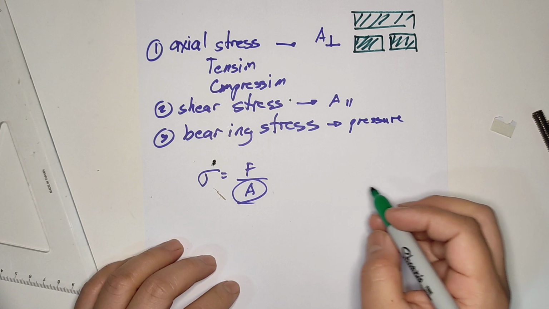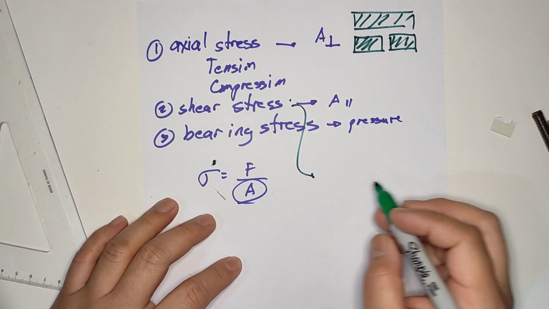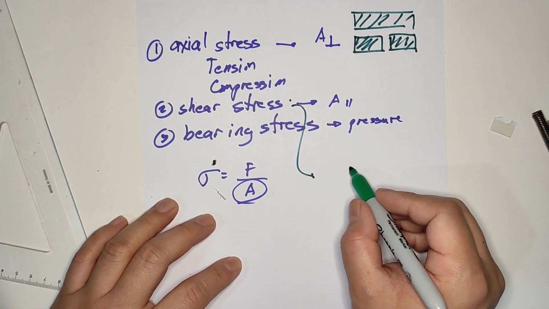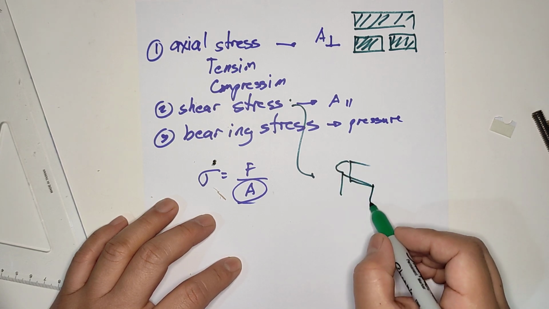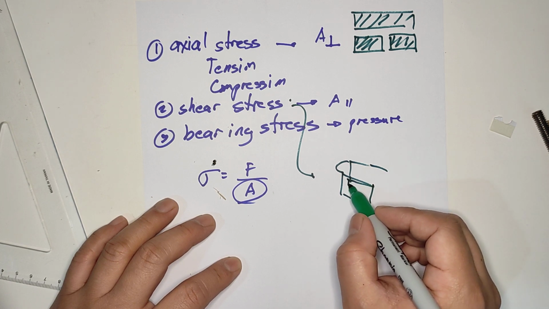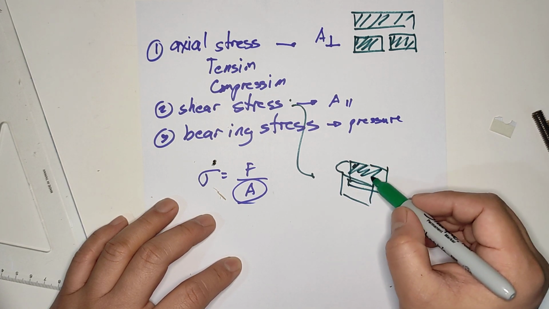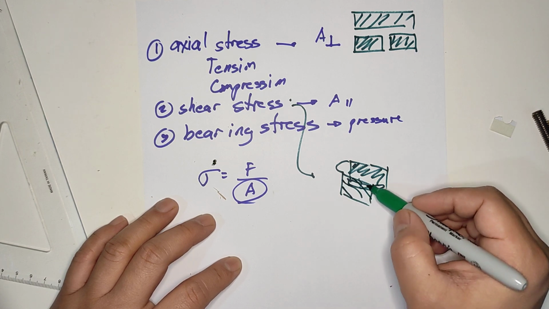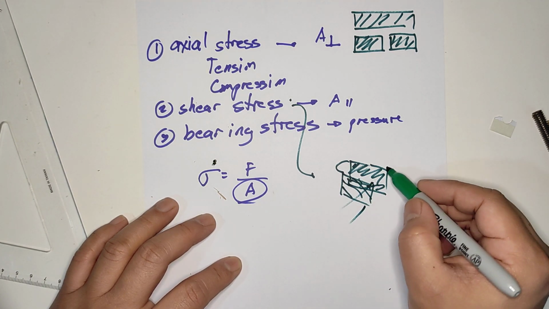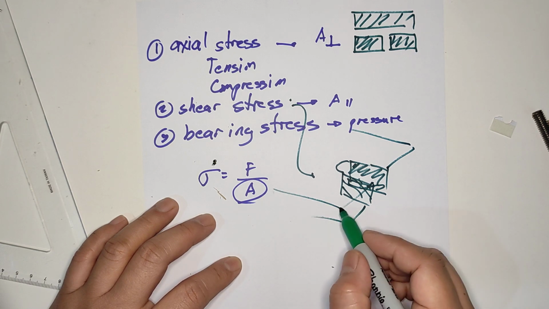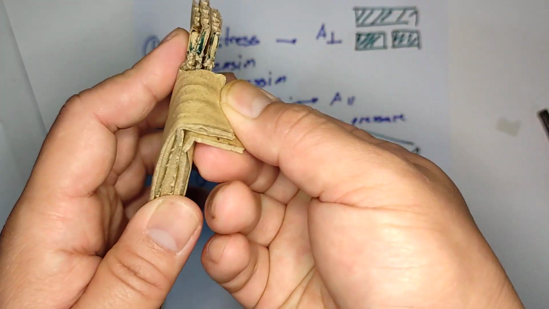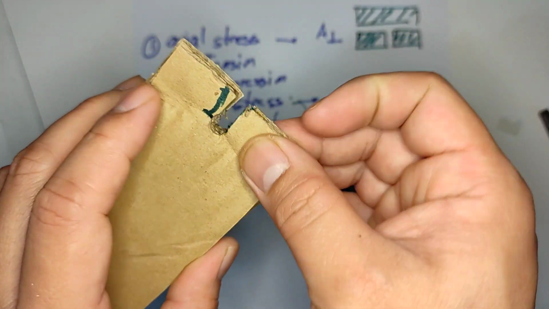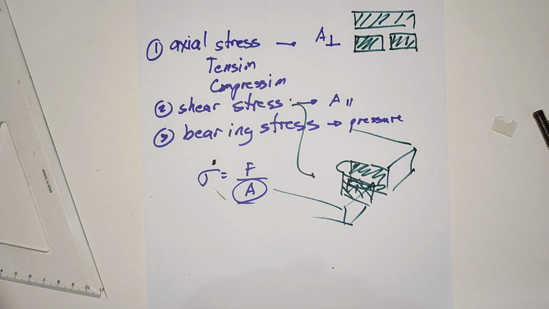That is important. For shear stress, if this is the hole like that, oops, sorry, the sheared area is this one and this. So I hope you visualize it. So that is the shear. It means napupunit.